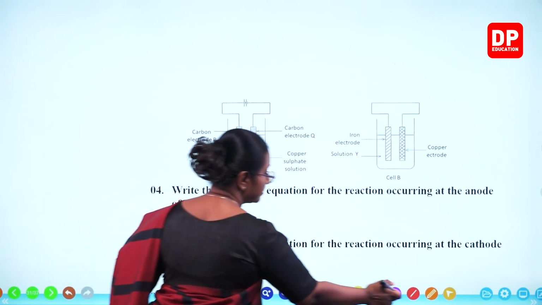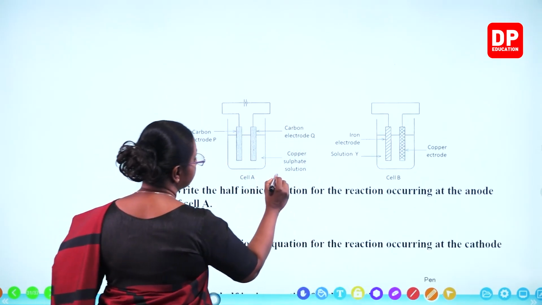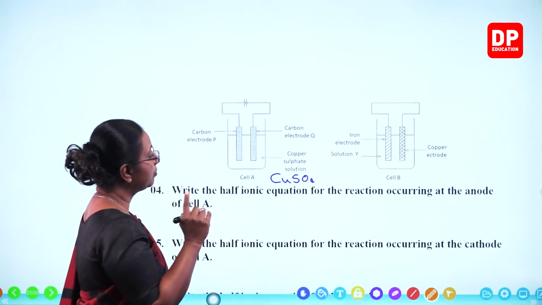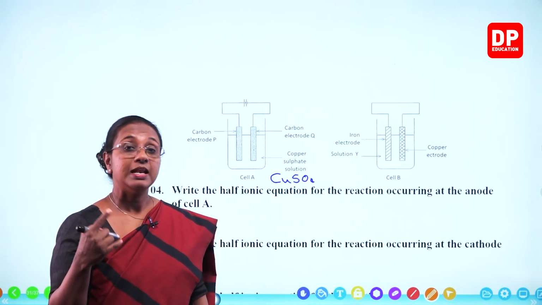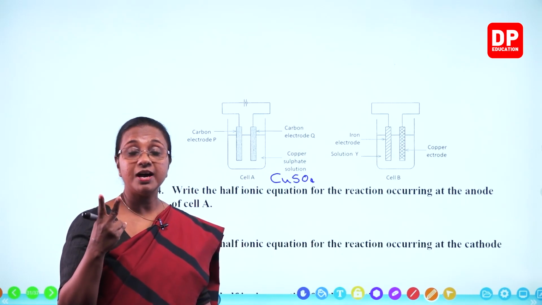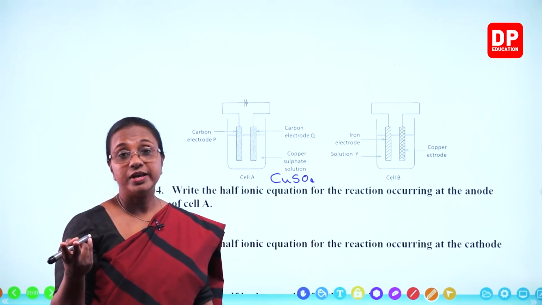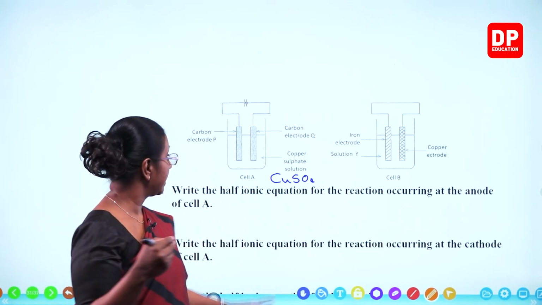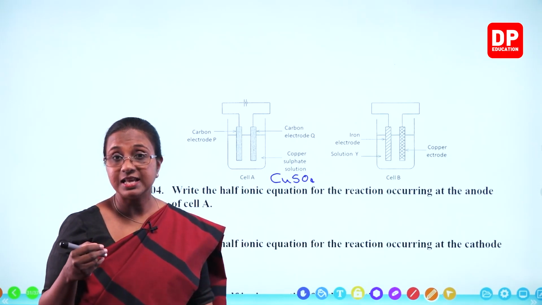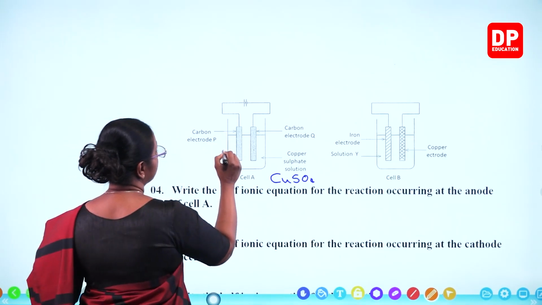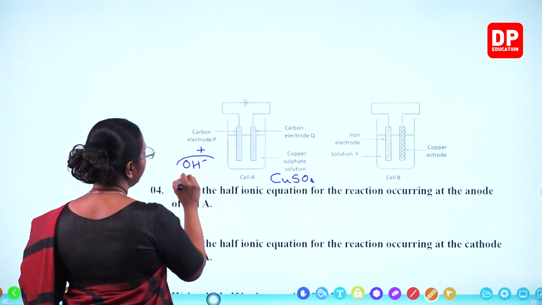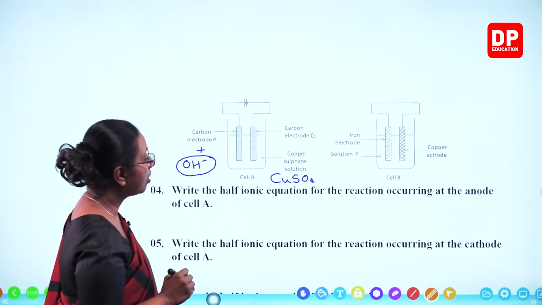So here you can see the negative ions in copper sulfate solution, CuSO4, Cu2+ is the positive ion. Negative ion, there are two negative ions, sulfate ions and OH- ions. Out of that, it is the OH- ions that get oxidized at the positive electrode. So here this is the positive electrode, here it is going to be the OH- ions that get oxidized.